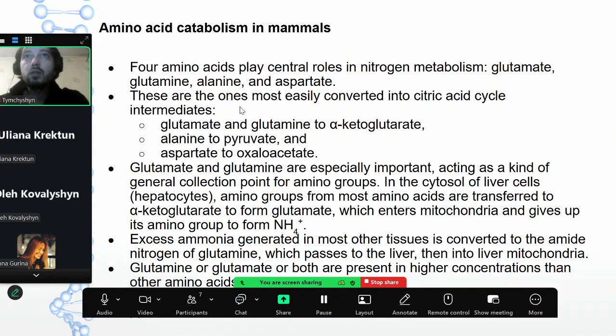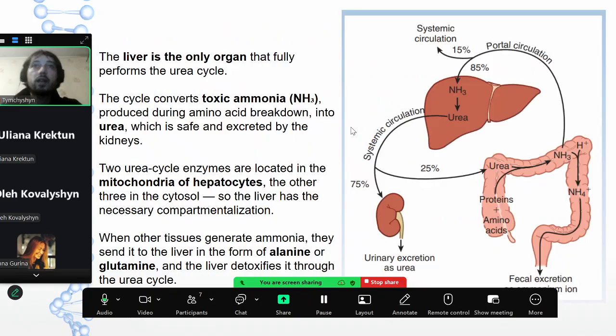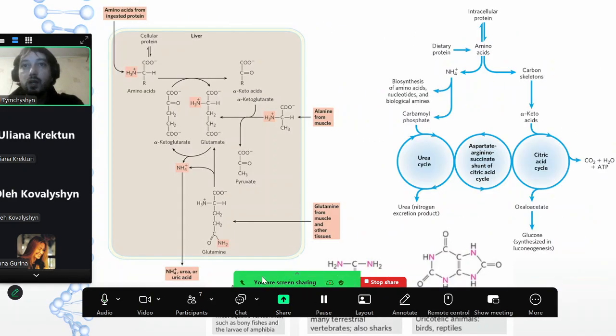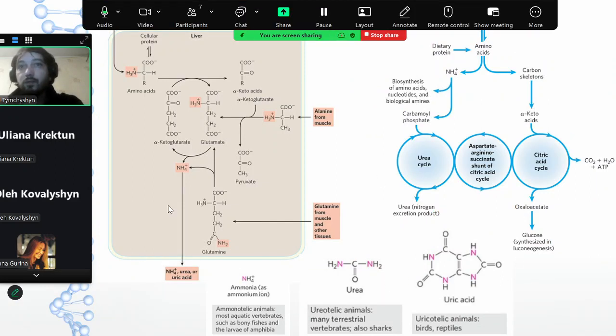Good. What I wanted to show you here. There are 4 amino acids. They play central roles in nitrogen metabolism: glutamate, glutamine, alanine, and aspartate. So I'm not sure if I can show you them in this slide.